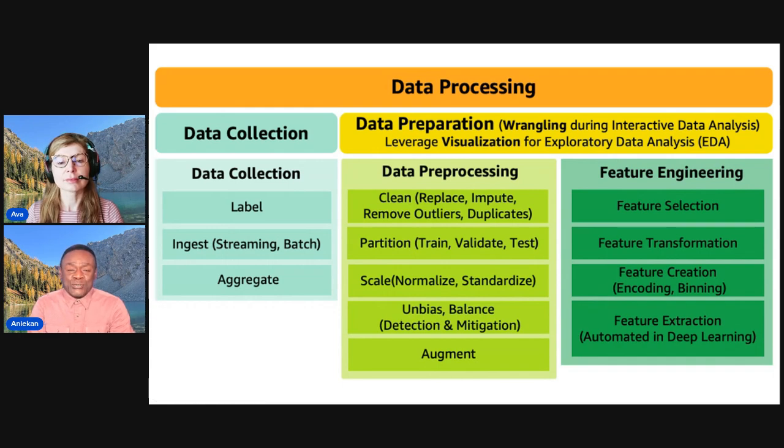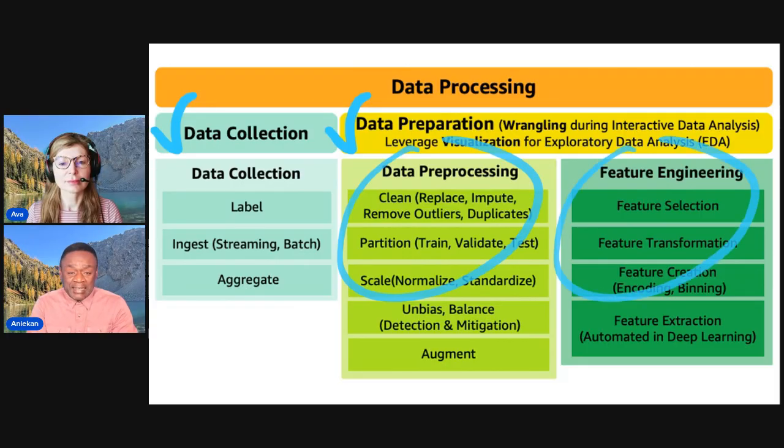This is gathering the raw data that's needed for your project. Also, we have data preparation, which involves data pre-processing, cleaning and organizing the raw data, and feature engineering, which primarily creates new meaningful variables from the existing data.